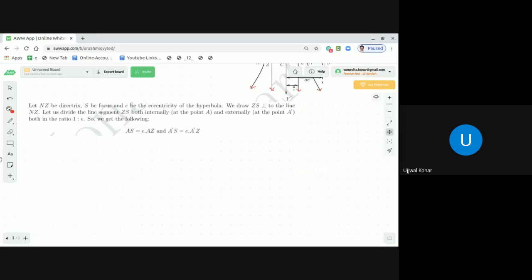After that, what we are going to do, dear students, is let the points A and A dash lie on the hyperbola, and let the point C be the midpoint of the line segment AA dash, and AA dash is equal to 2a.